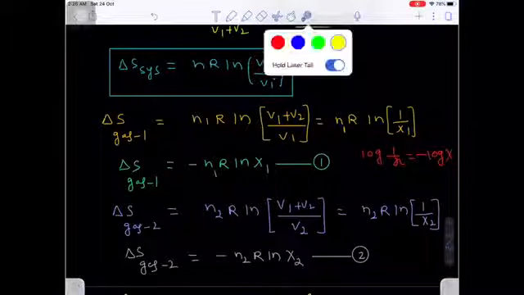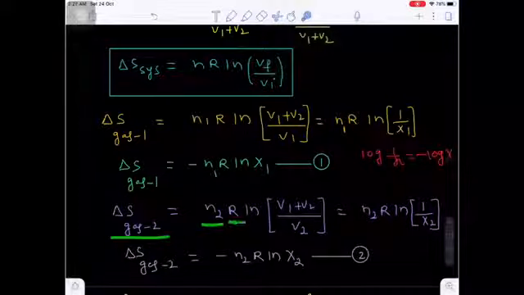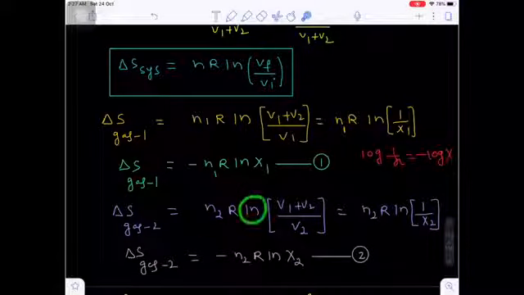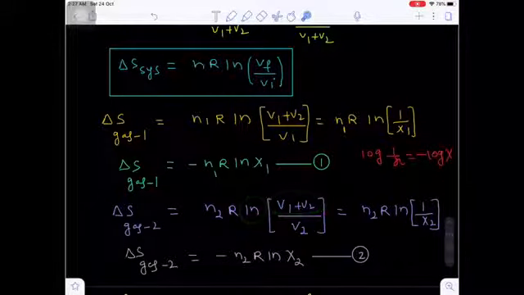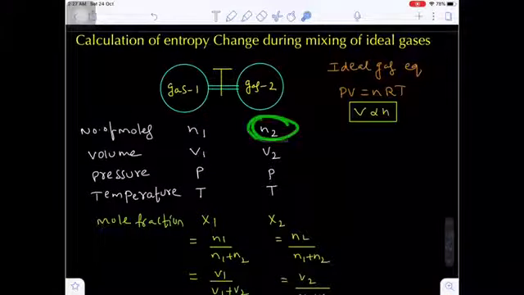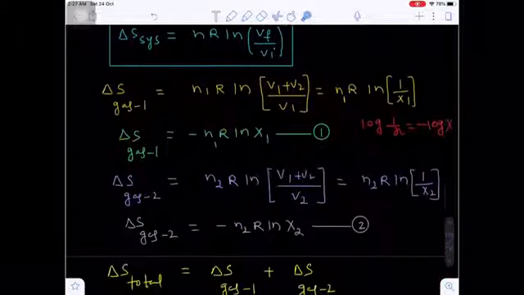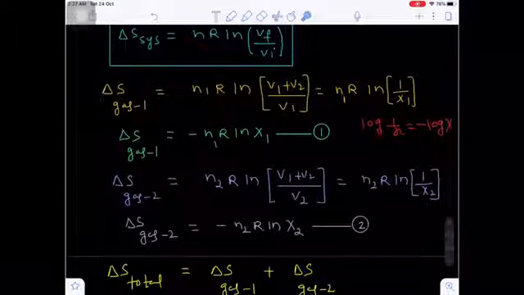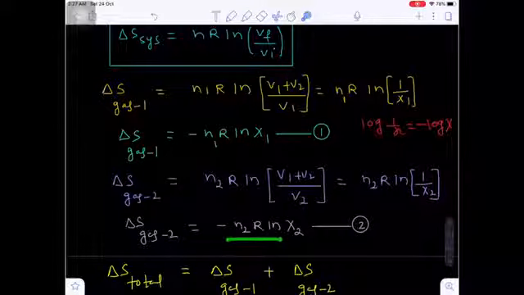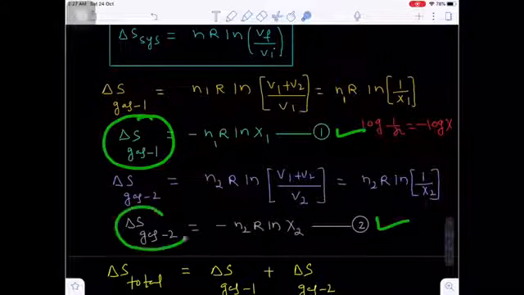Next, the second gas: number of moles N2, gas constant R, natural logarithm of final volume V1 plus V2 and initial volume V2, because the initial volume of the right hand side glass bulb is V2. Now here we will get minus N2 R ln x2. So this is equation 1, and this will be equation 2.